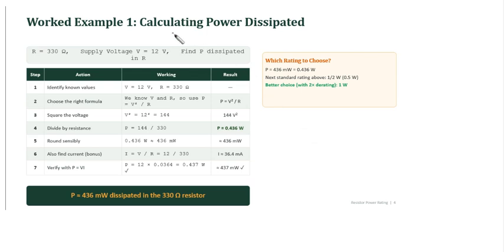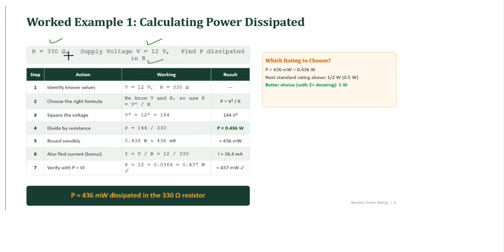Here's a quick example: calculating the power dissipated in a resistor. You are given the resistance to be 330 ohms. You're given the voltage supply to be 12 volts. And then you want to find the power dissipated in the resistor.